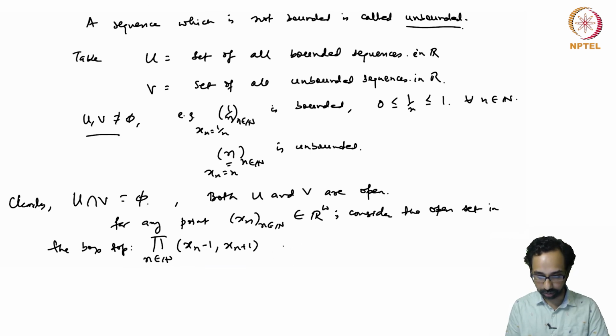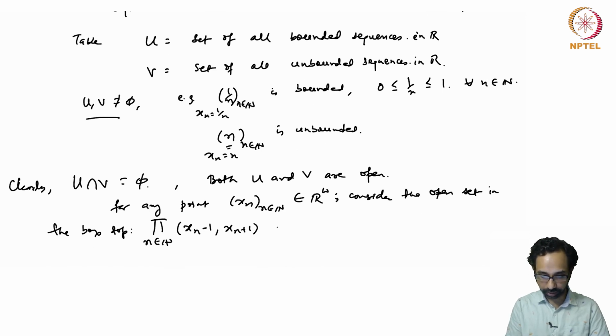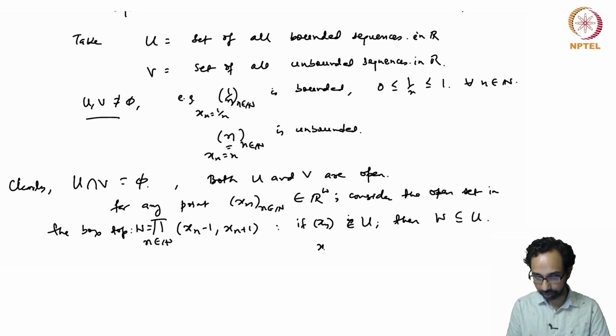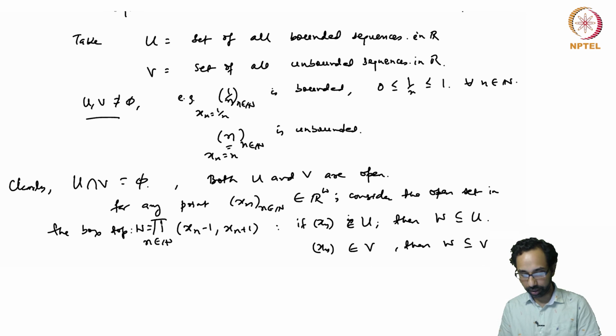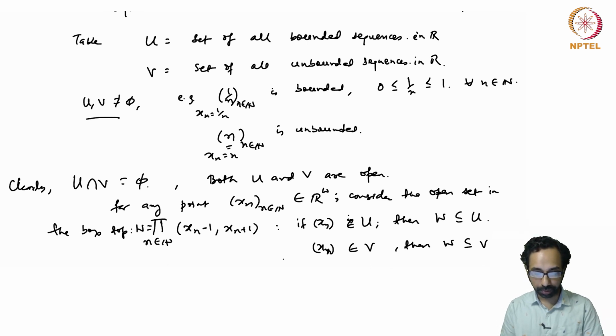This is open in the box topology, and let me call this W. So if x_n belongs to U, then W is a subset of U, and if x_n belongs to V, then W is a subset of V. So you can check that directly, that it is an open set in both cases, whether you have bounded sequences or unbounded sequences.